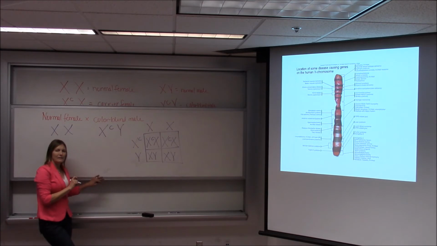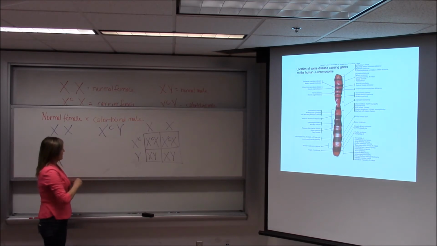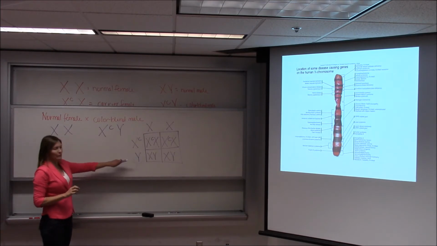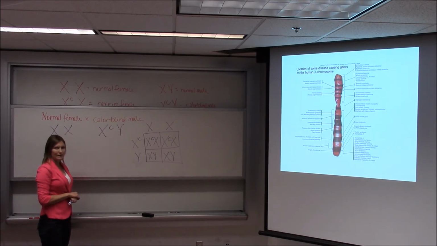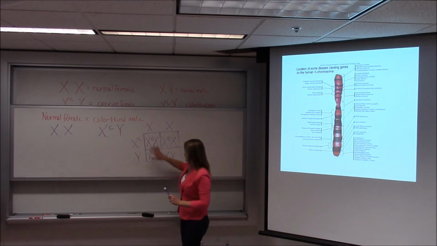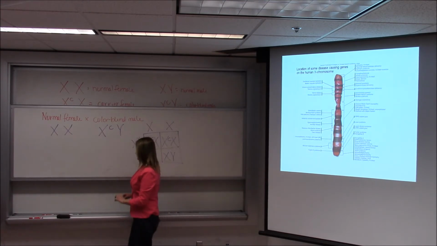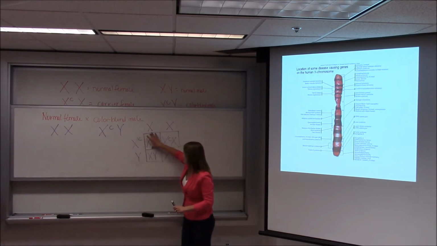This cross is so interesting to me. I mean, obviously, it is what it is. It's math. But it's not possible to have a son with color blindness in this cross, even though dad was colorblind. That's pretty crazy. So we end up, all of our female offspring are carriers. So now, remember, gender of offspring and gender of parents matter.